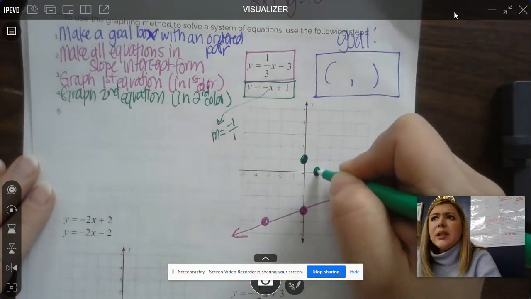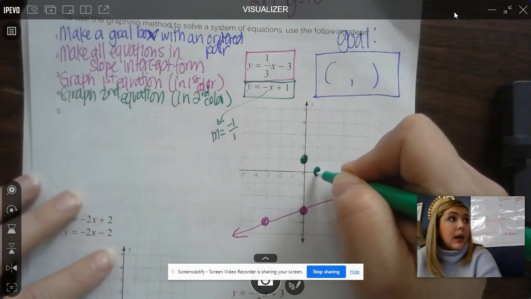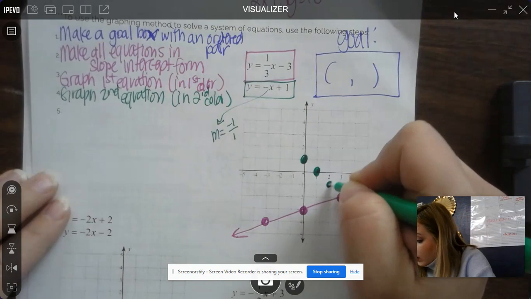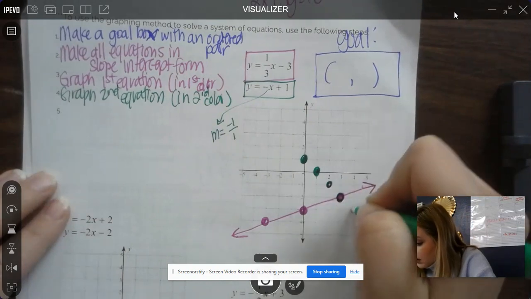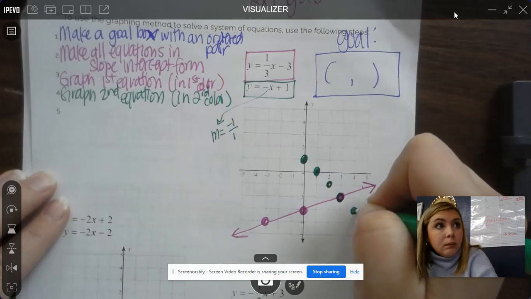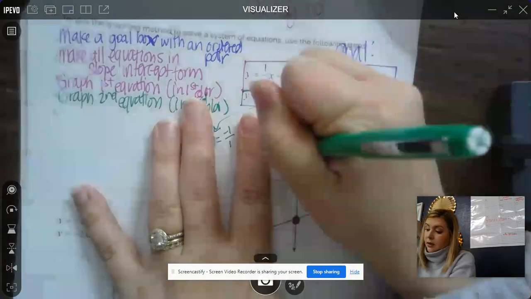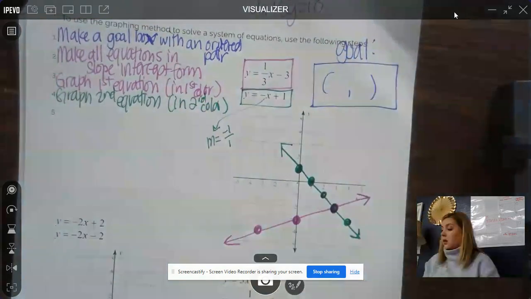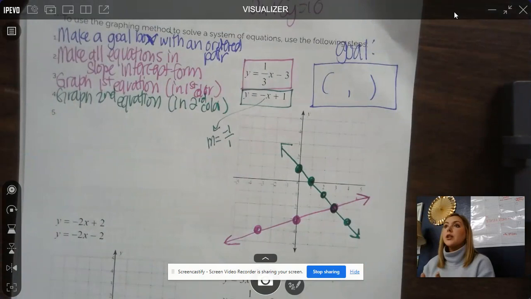Now the goal of this is to intersect, and I haven't ran into it yet, so I'm going to keep going, right? I'm going to go down 1, right 1, down 1, right 1. What happens? I ran into it, right? So I'm going to connect my line. And now I found the point of intersection. I found where they ran into each other, right?